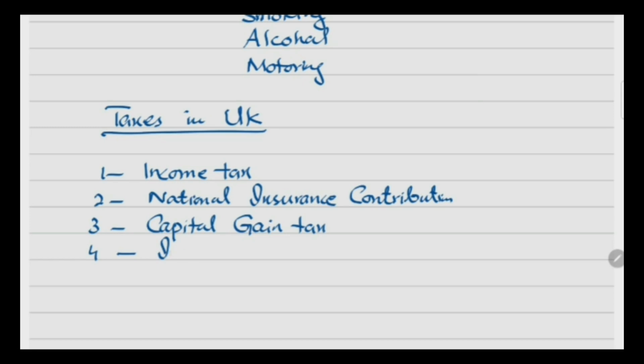Number 4 is inheritance tax. This is payable by the executor on the value of the estate, and it is also payable in respect of certain gifts during an individual's lifetime. Fifth type of tax is corporation tax.